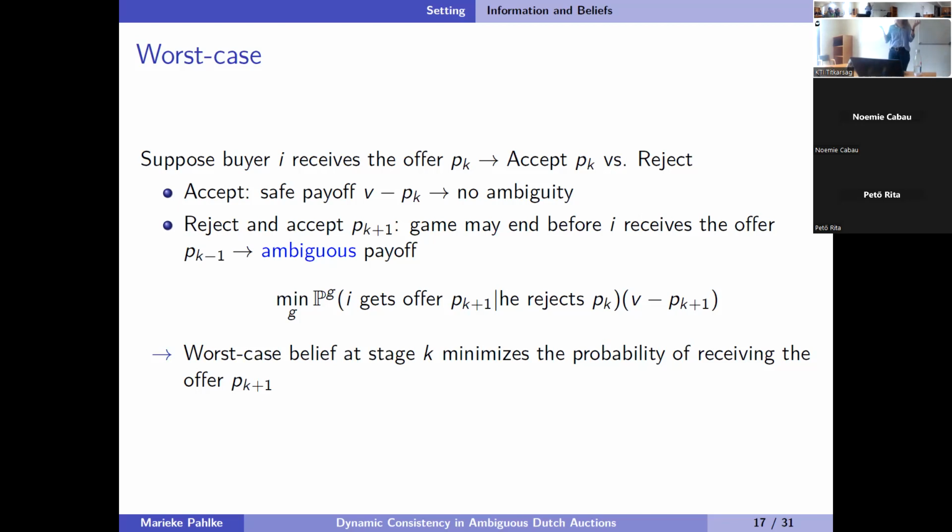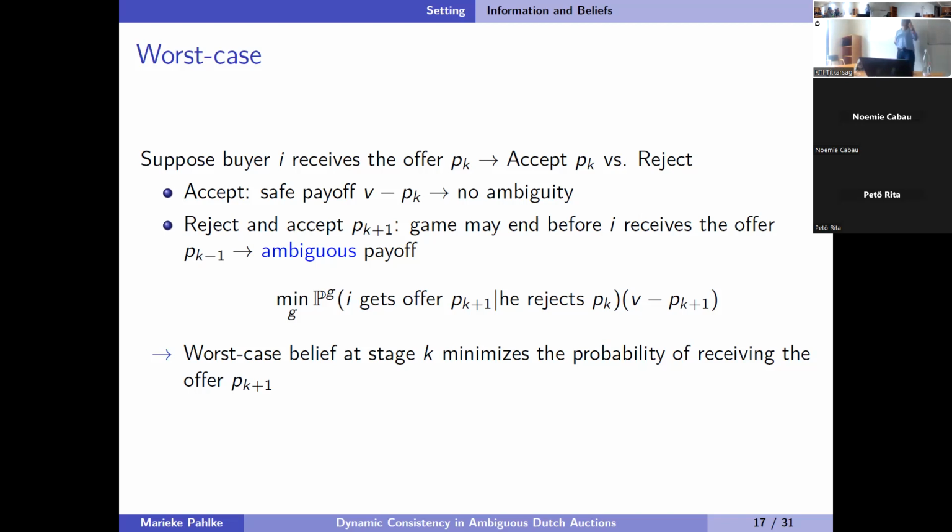However, there's this probability that the game ends before I get this price. So my worst-case expected utility basically depends on the probability that, if I reject the current offer, I will get the next one. So I'm comparing the safe payoff from accepting the offer right now with waiting one period, but with the ambiguous probability that I might not get the next one.